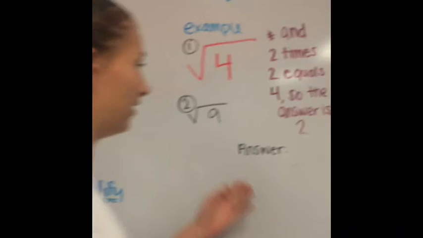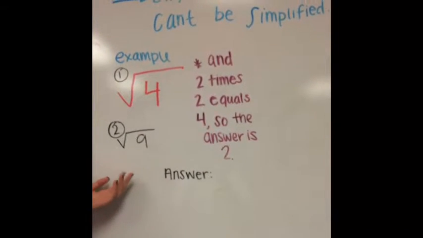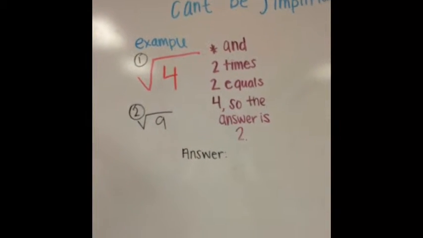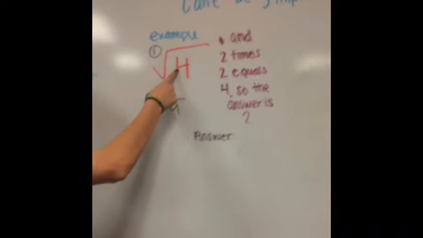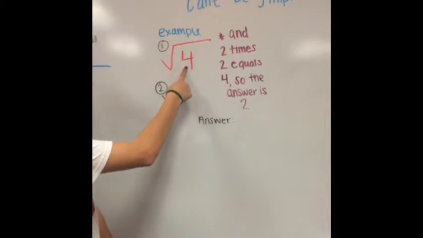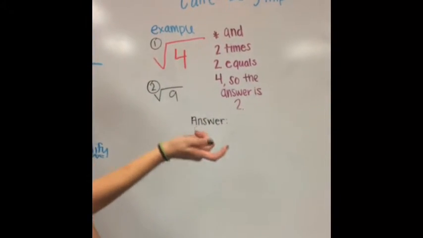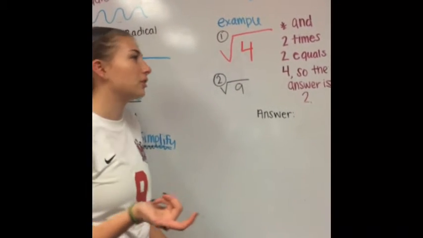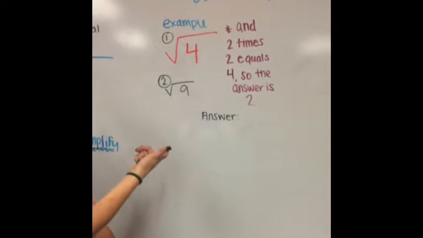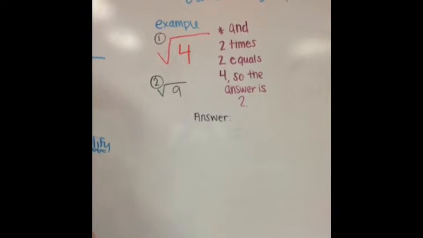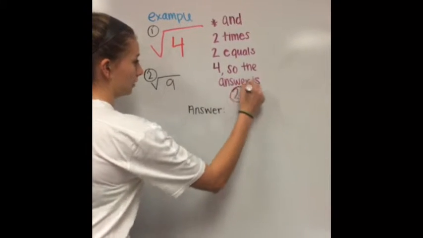The basic radicals that can be solved. For example, radical 4: the multiples of that are 2 and 2, so you can multiply 2 times 2 to get 4. So the answer would be just 2.